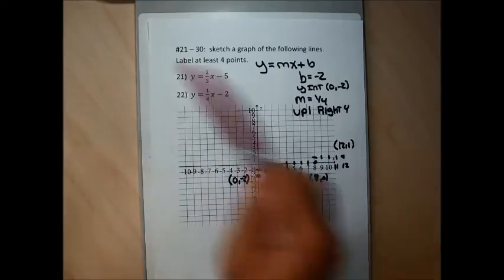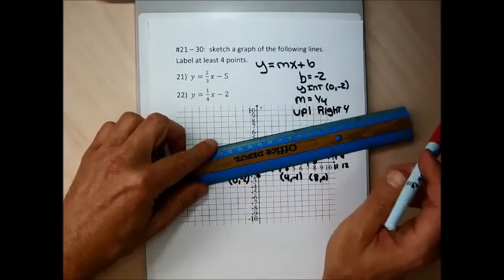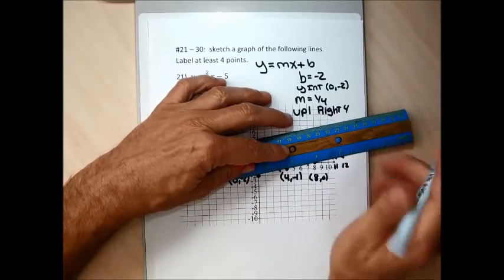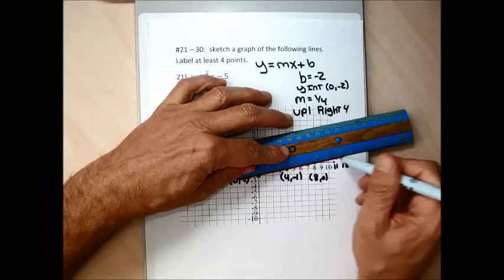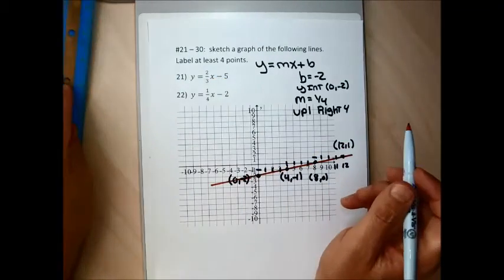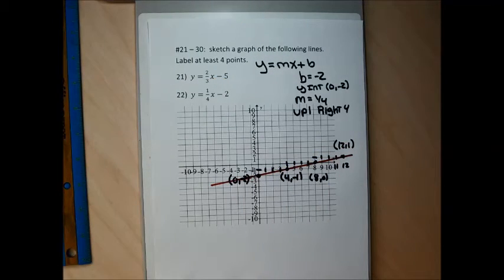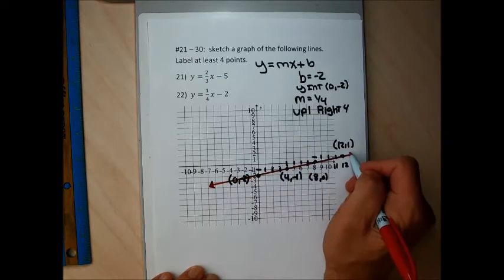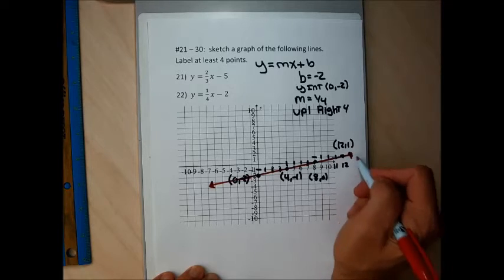And now I'm going to connect those. If I've done these points properly, they should all lie exactly on the same line. They shouldn't have a point that's way off, out of whack. So when I draw the line, I connect those points. So I've sketched a graph and labeled at least 4 points. Usually when I'm drawing a line, I put little arrows at the end signifying that it doesn't end, but sometimes I forget those arrows.